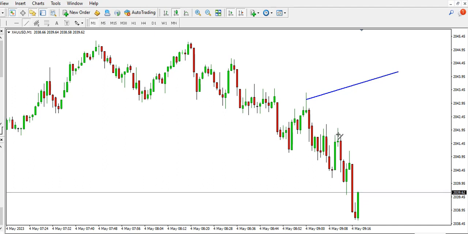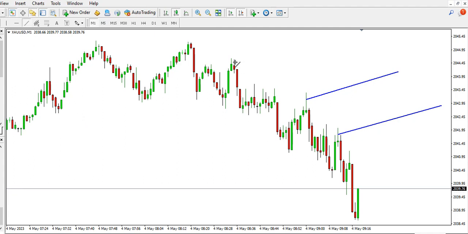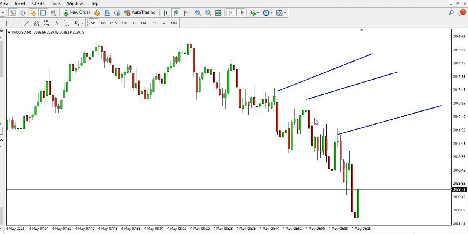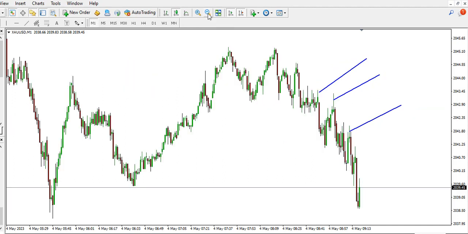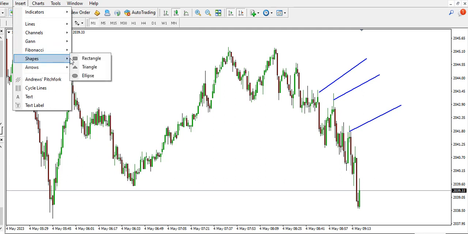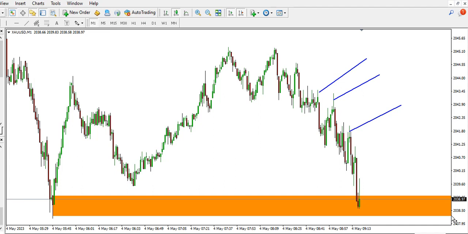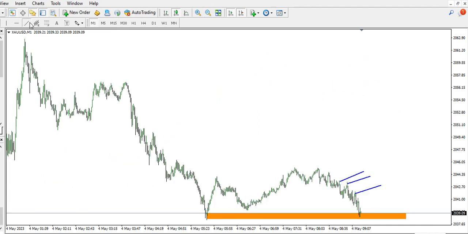These are pointers that the buyers are only making an attempt to go back up, but look at the long selling bars. The sellers are currently in charge, but we don't know how far they can go. We are currently at a support on the 1 minute time frame. It might hold, and then we might see price going back up.